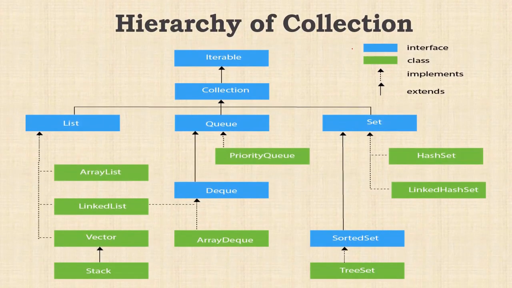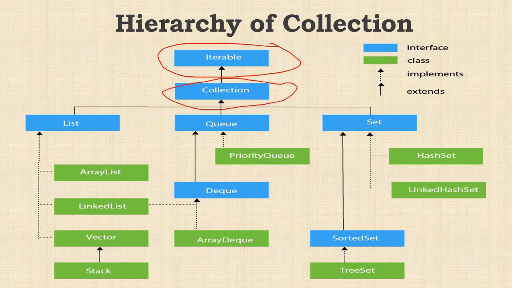So this is the complete picture of the collection hierarchy. We have the Iterable interface. Collection extends this Iterable interface, and then we have List, Queue, and Set. ArrayList is a class which implements the List interface. LinkedList is also a class which implements List. Vector is also a class which implements List.